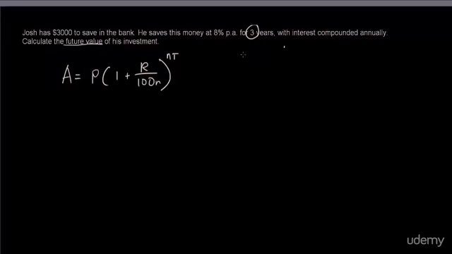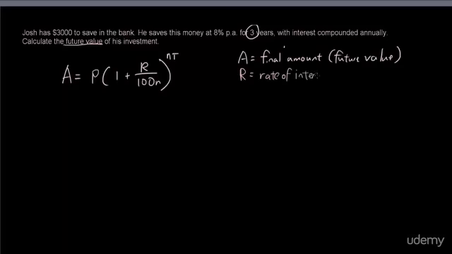So firstly, the A is the final amount, or you can say future value, of your investment. R is the rate of interest per annum, and N is a new one, right?